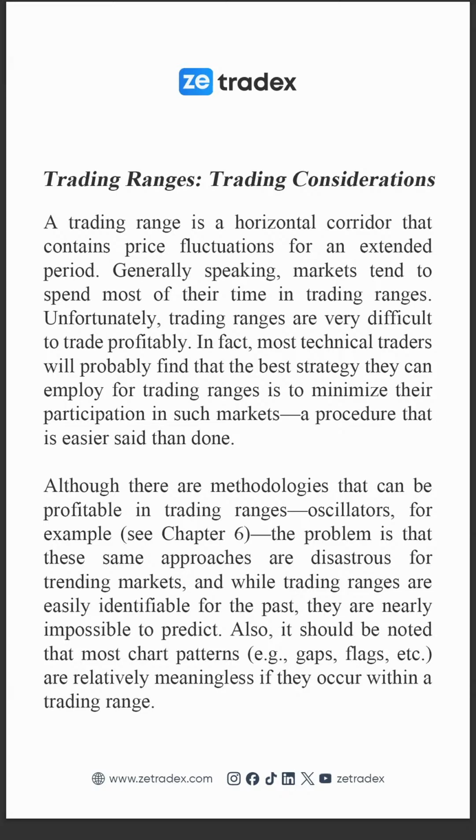Although there are methodologies that can be profitable in trading ranges, we have oscillators, for example, in chapter 6, the problem is that these same approaches are quite disastrous for trending markets. And while trading ranges are easily identifiable in the past, they are nearly impossible to predict. It should be noted that most chart patterns, for example gaps and flags, are relatively meaningless if they occur within a trading range. Next page, please.